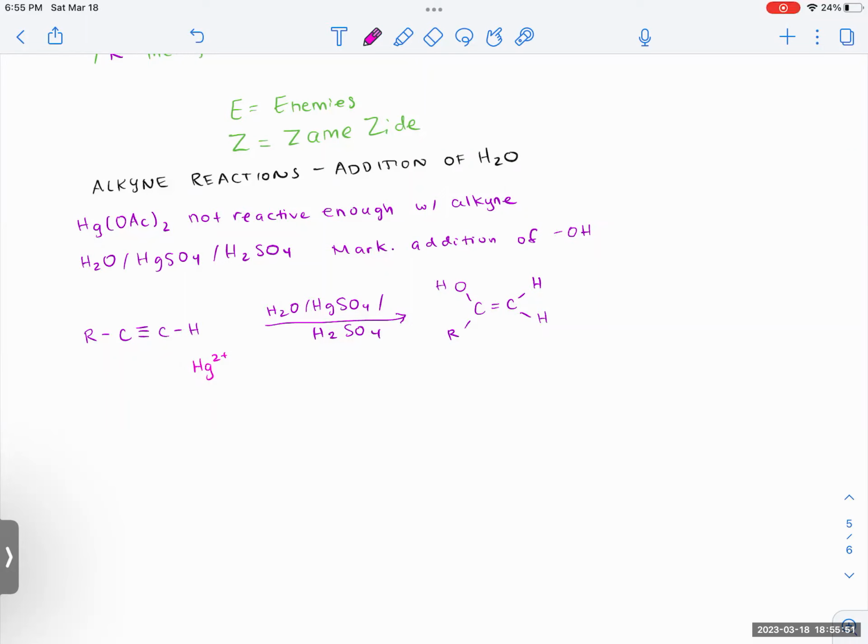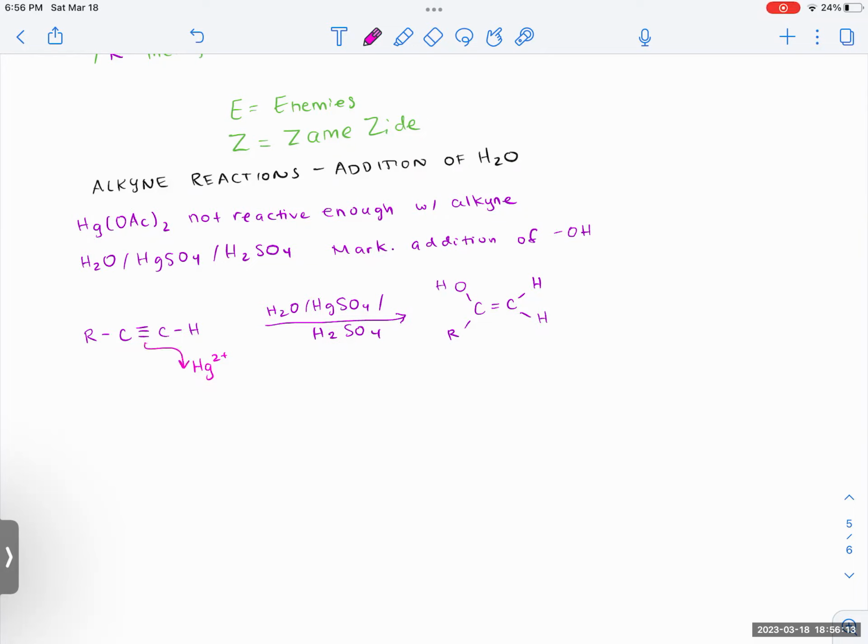You end up with Hg2+ and SO4 floating around in the mixture. This is going to interact with this bond here.